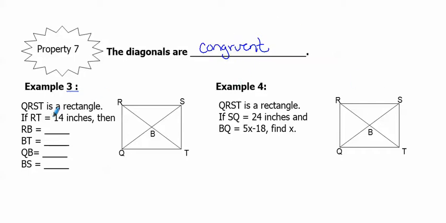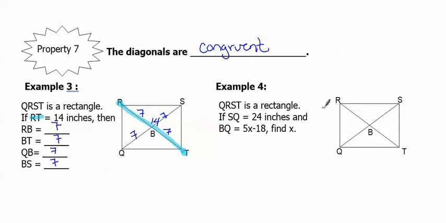So first one says RT, that goes from R all the way to T, that's the whole thing, is 14. So from R to B, we know that this was bisected, so each of these is 7. Now QB and BS happen to also be 7 because those diagonals are congruent.